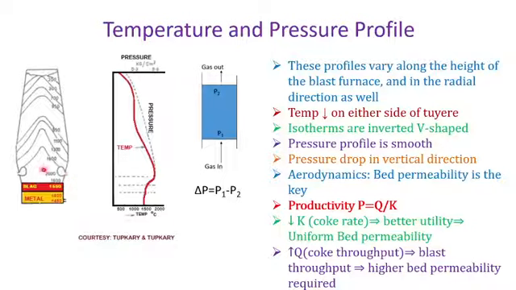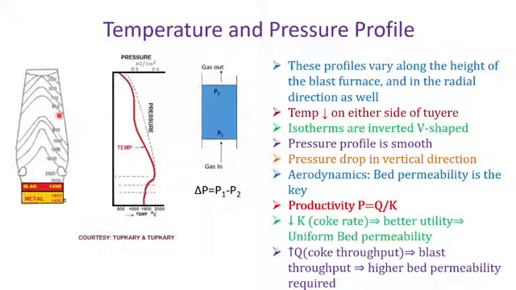If we go from the tuyere to the top, the temperature decreases: 1600, 1200, 1100, 950, 700, 300, 200. If we go towards the bottom, it is 1600, 1550, 1500, 1450. So the temperature decreases whether we go from the tuyere to the top or to the bottom. On either side the temperature decreases.